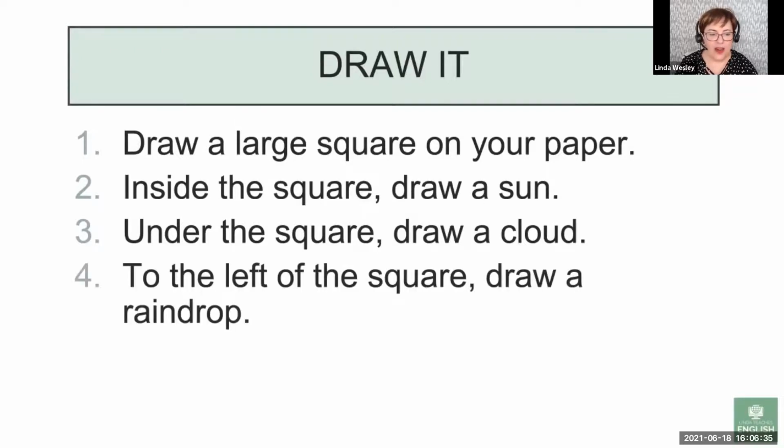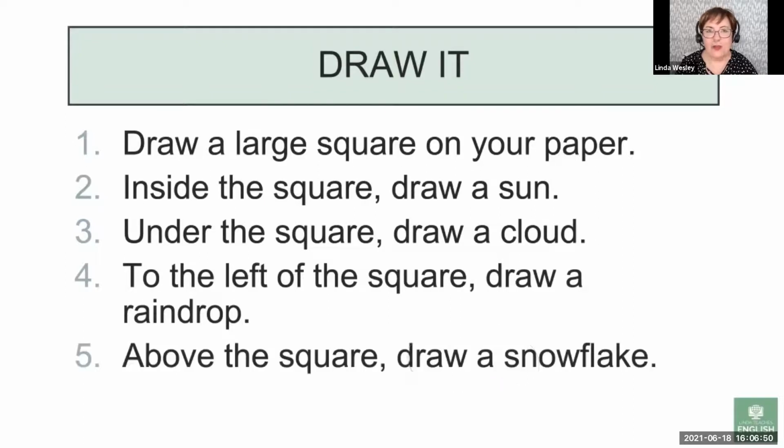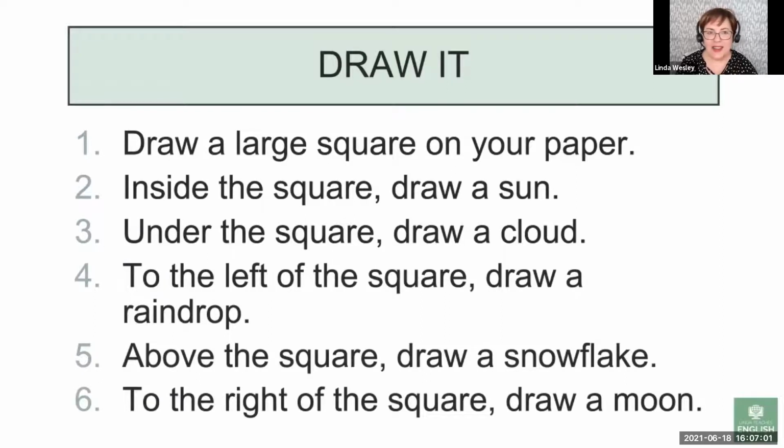Number four, to the left of the square, draw a raindrop. Number five, above the square, draw a snowflake. And number six, to the right of the square, draw a moon.